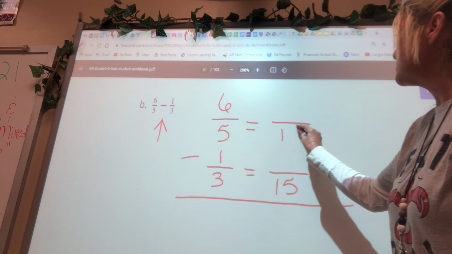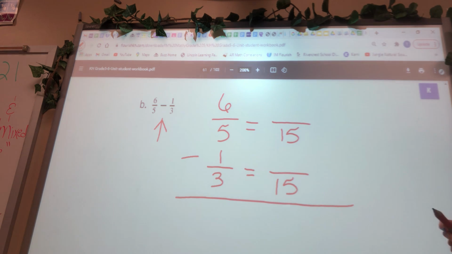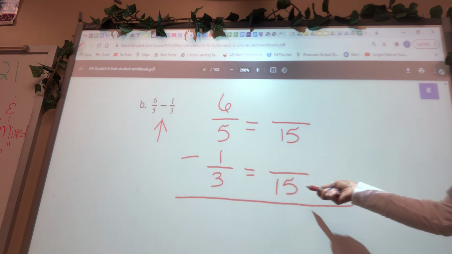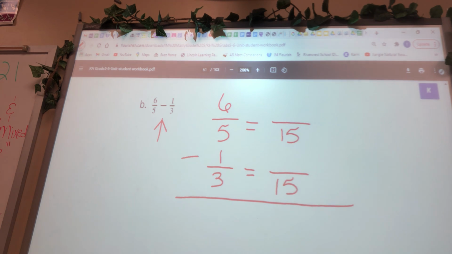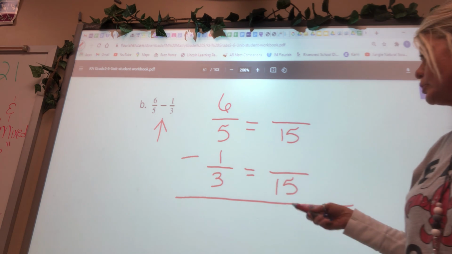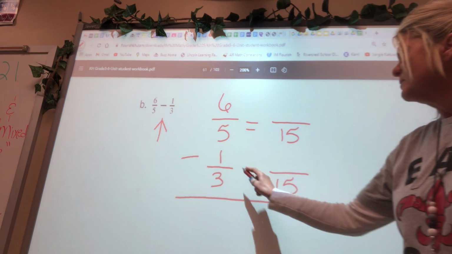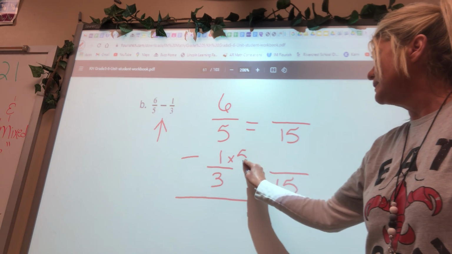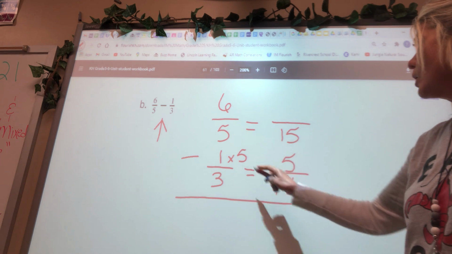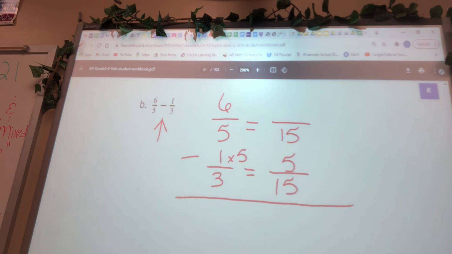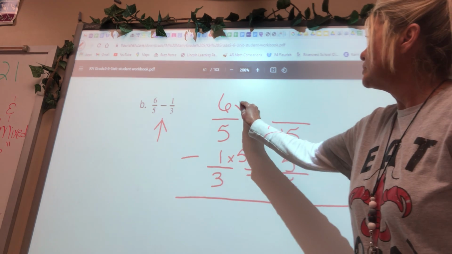Okay, am I going to be able to just slide anything over on this one? No, because I got new denominators for both of them, so they both have to have new numerators. What would I have to do to 3 to get 15? Times 5. So I have to do that here. That's 5. What would I have to do to 5 to get 15? Times 3. So I would have to do that here.